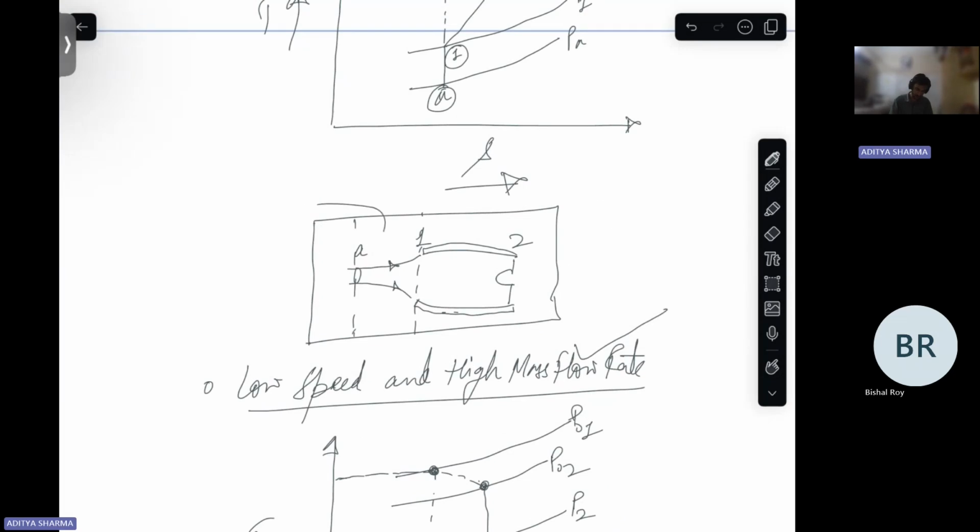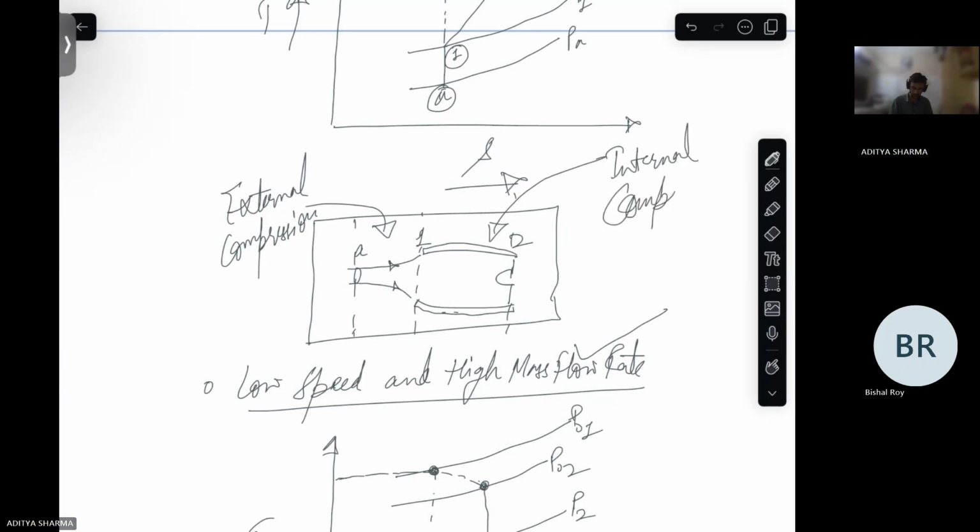This is coming under external compression. And this is coming under internal compression.